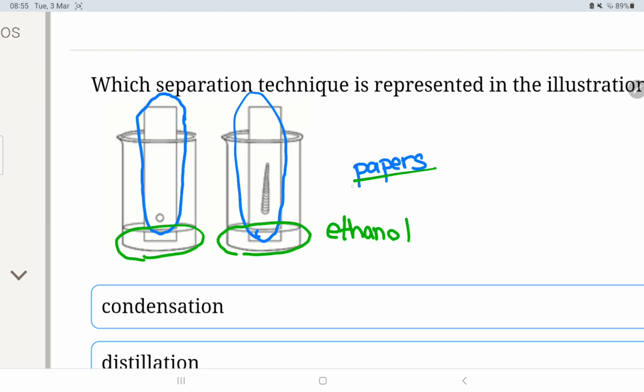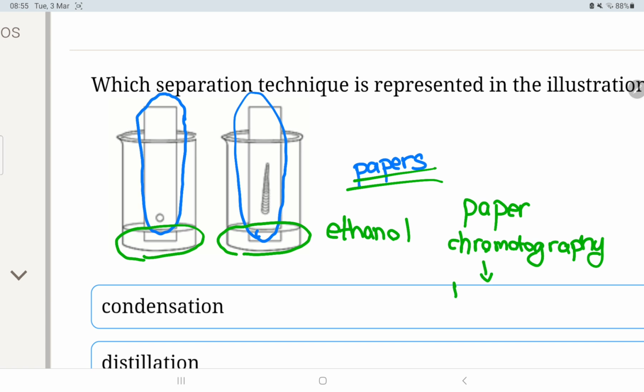Okay? But here we already gave you the biggest hint we can. Here we have papers. So what do you expect to use when you have two papers? You're going to be using paper chromatography. Basically, what do you do in paper chromatography?